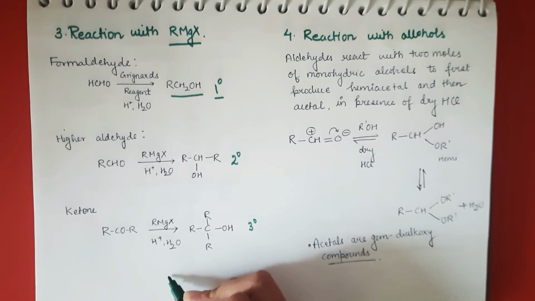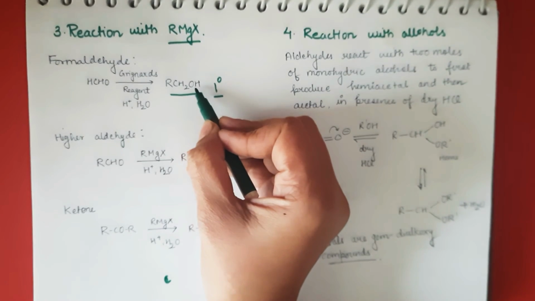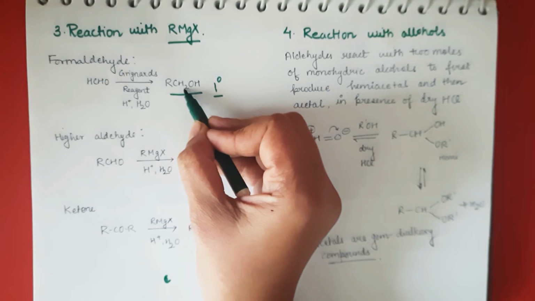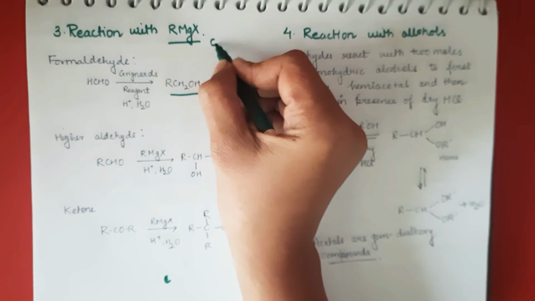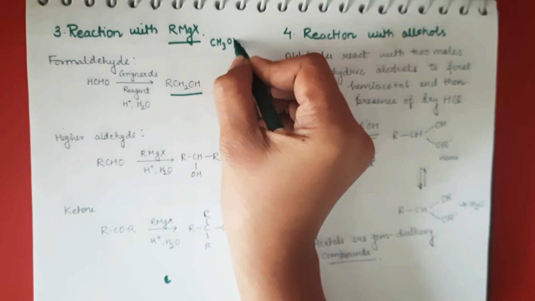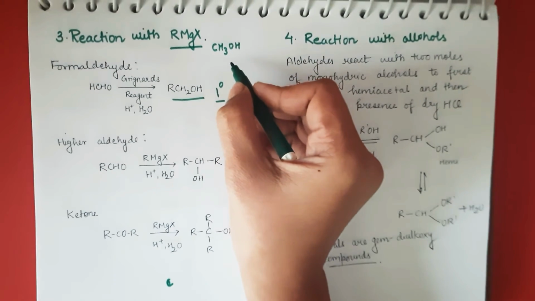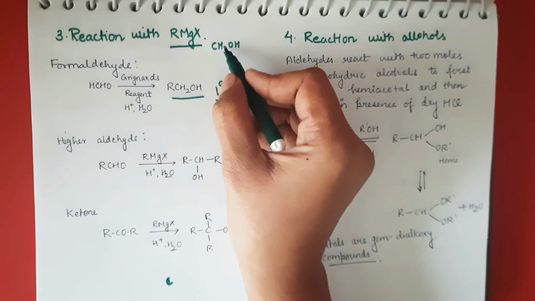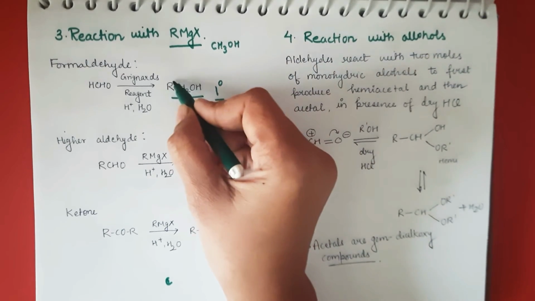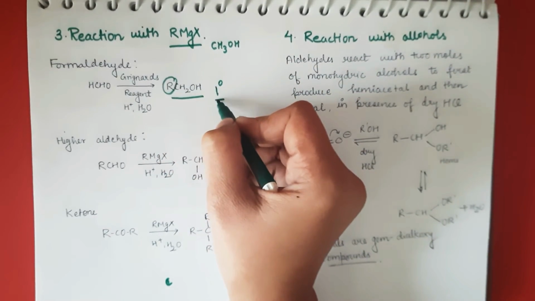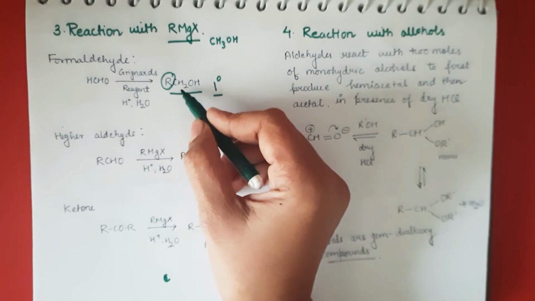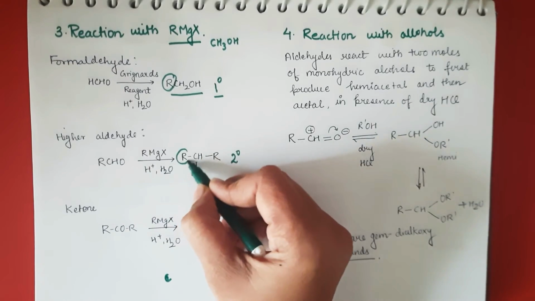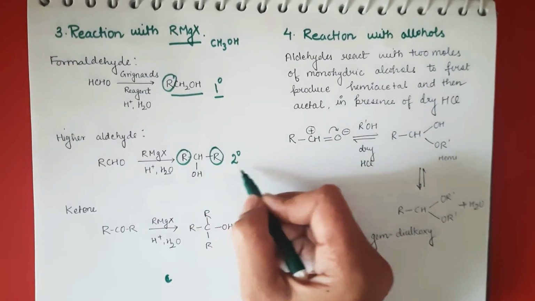For this, always remember the carbon attached to the alcohol group and the number of hydrogens. As you know, CH3OH is an alcohol. If we replace one hydrogen and attach an R group here, it forms primary. If we substitute another hydrogen with another R group, it forms secondary.